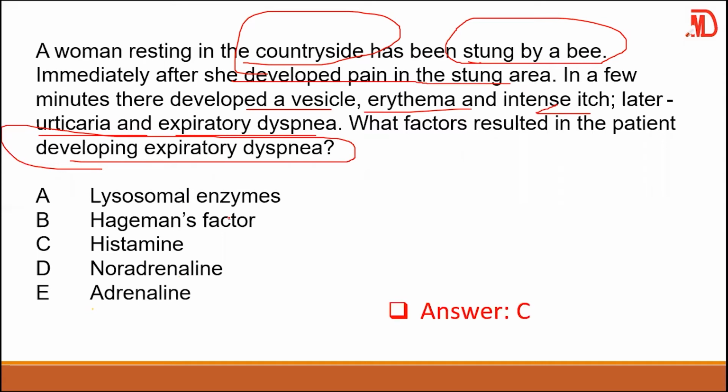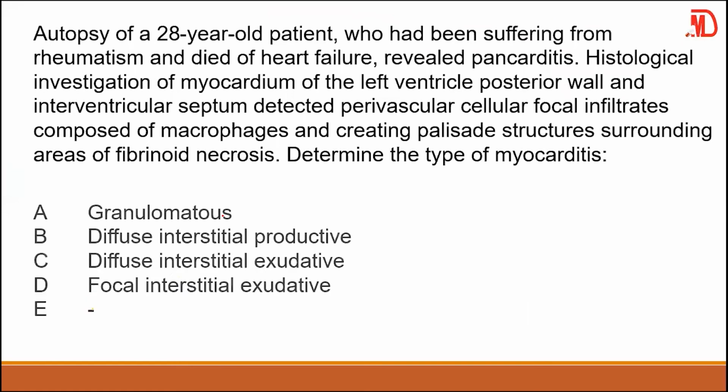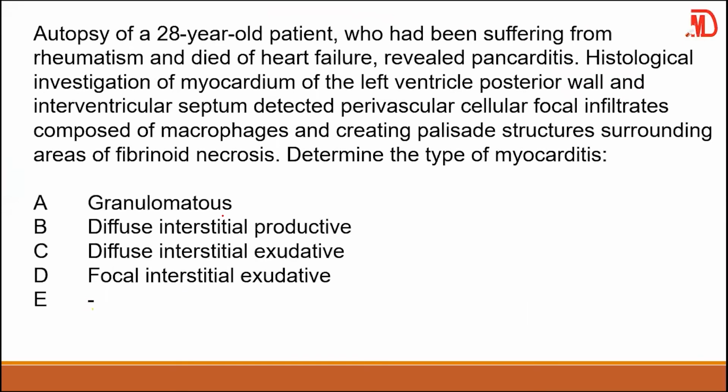It's histamine activation. So the answer is C, histamine. And again, what is the drug of choice? Loratadine. All right. Over here, we use loratadine or cetirizine. I like prescribing it a lot.